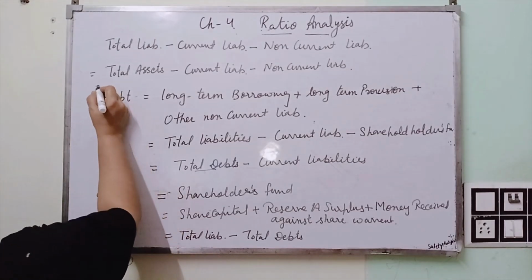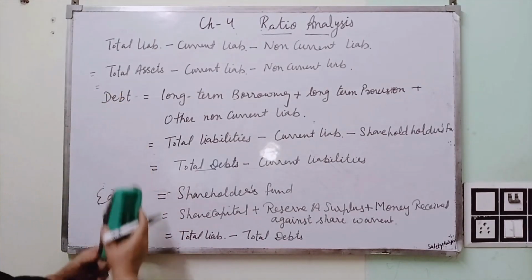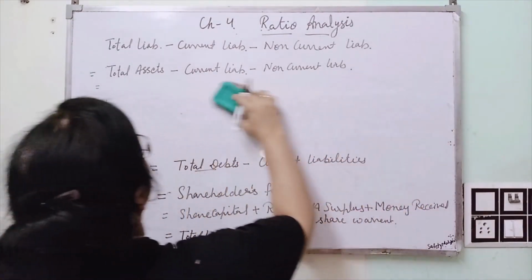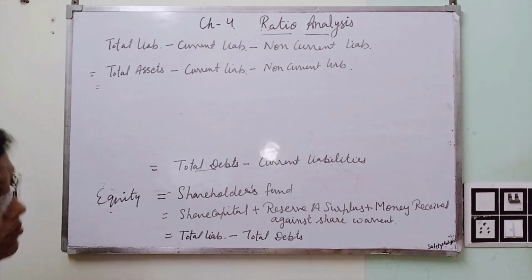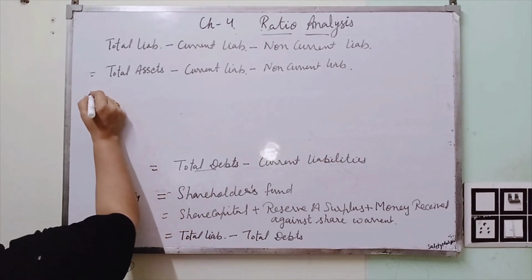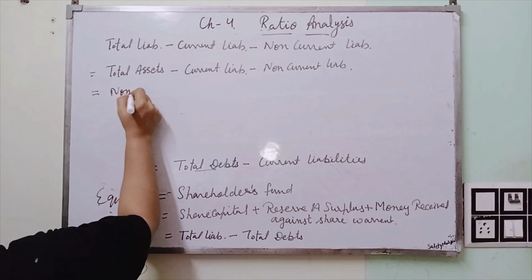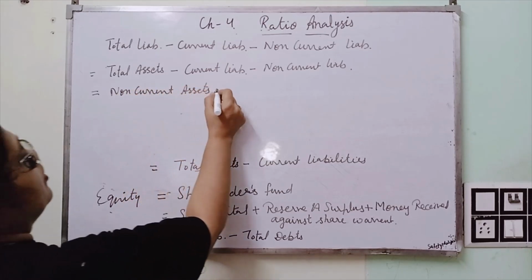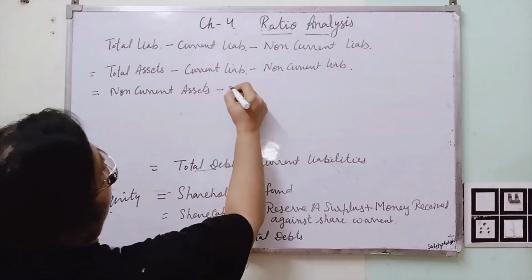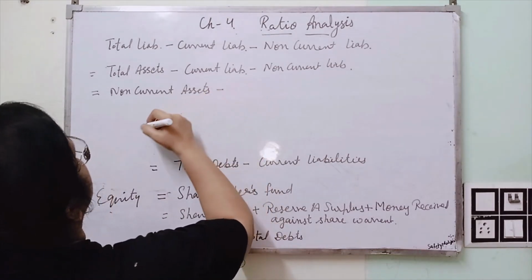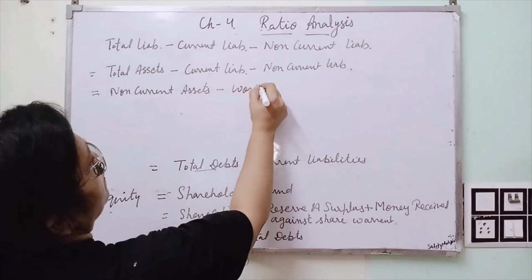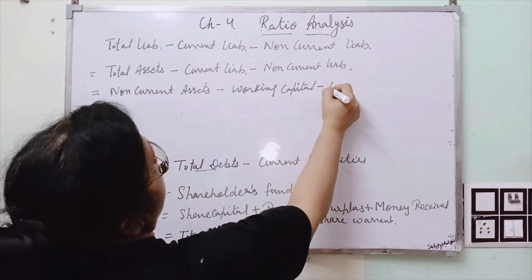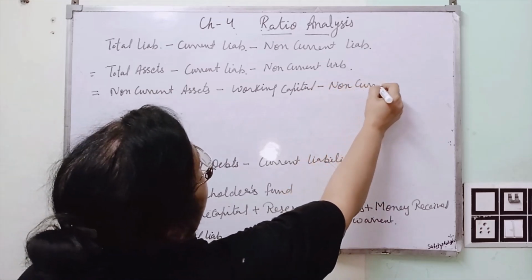Or we can say non-current assets plus working capital minus non-current liabilities.